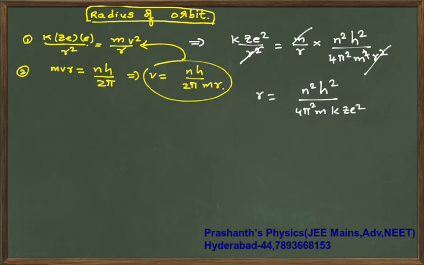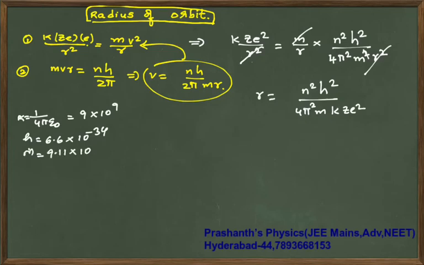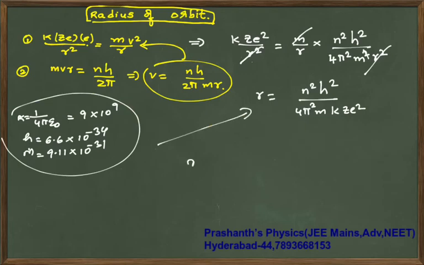K is 1 by 4 pi epsilon naught, 9 into 10 power 9, h is Planck's constant 6.6 into 10 power minus 34, and the mass of the electron is 9.11 into 10 power minus 31 kg.